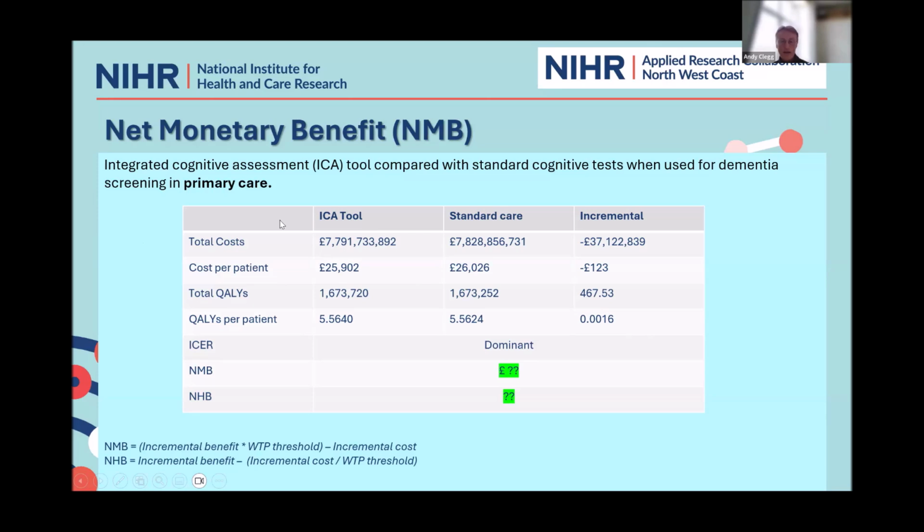It has both the net monetary benefit and the net health benefit, and the formula at the bottom of the slide there, which you'll be able to get later. The health benefit is just altering the formula around. So instead, the incremental cost is divided by the threshold and then taken away from the incremental health benefit. Okay.